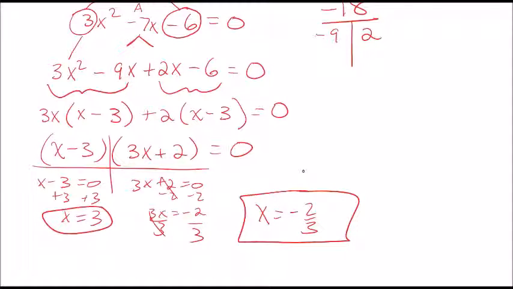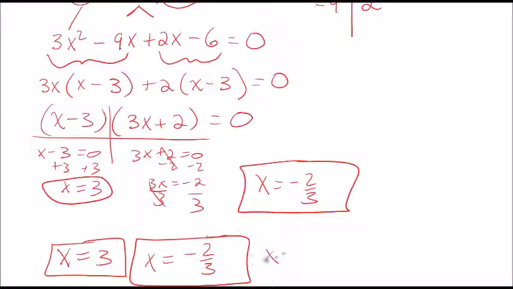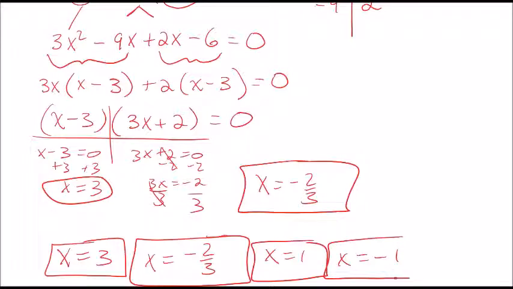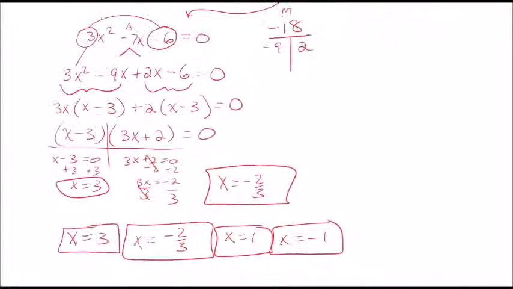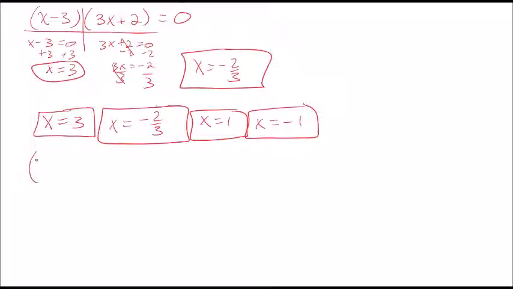So my four zeros here are x equals 3, x equals negative 2/3, x equals 1, and x equals negative 1 from before. So those are the zeros. So this answers the question.